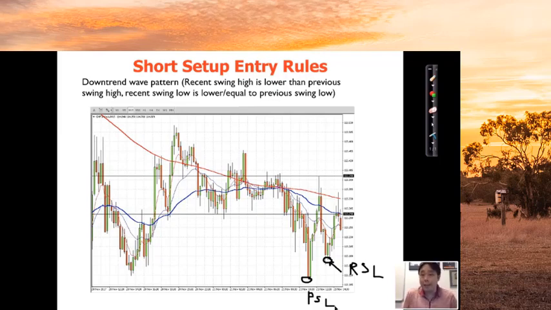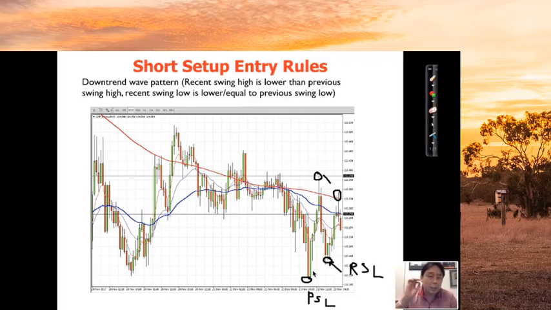But in this case, it is making higher lows. This recent swing low is higher than the previous swing low, so that is not valid. But the recent swing high is lower than the previous swing high. So this is valid, but that's not valid, right? So this is not a valid short trade because of all those factors.